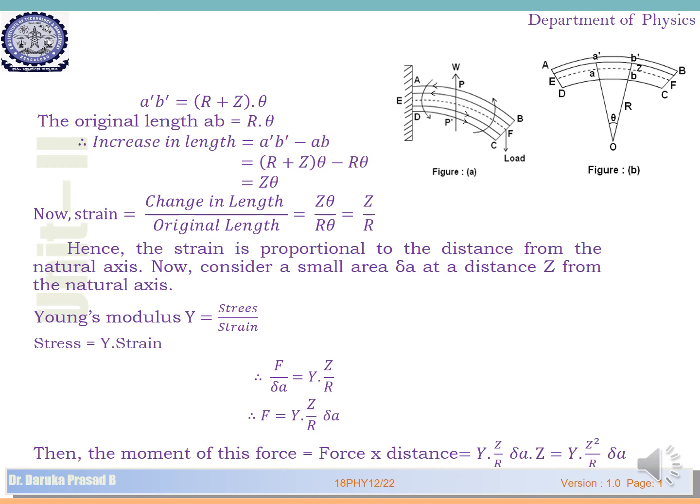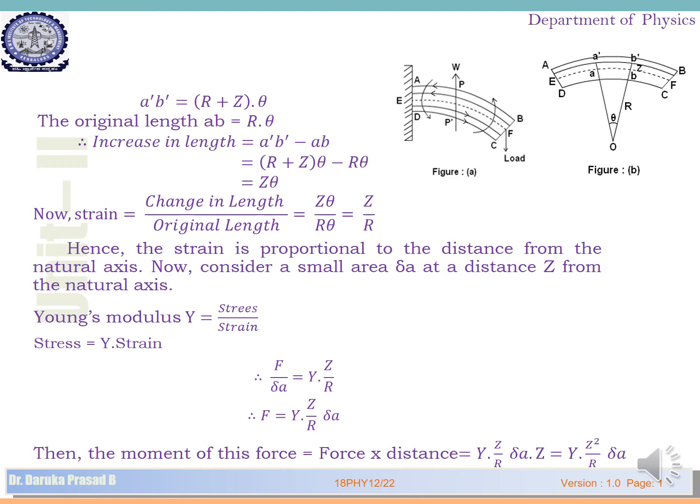Therefore, stress is equal to Young's modulus into strain. Stress is nothing but force by area. Therefore, F by delta A is equal to Young's modulus Y into strain, and strain is Z by R from the previous expression. Therefore, you get an expression for force as Y Z delta A divided by R.